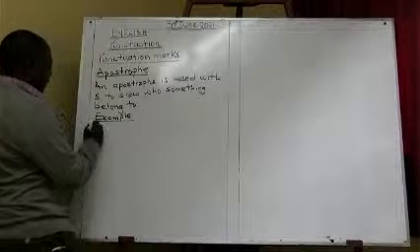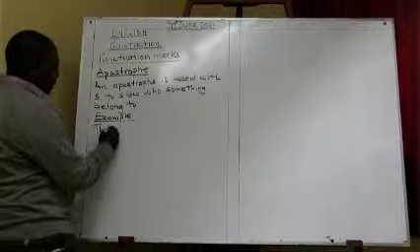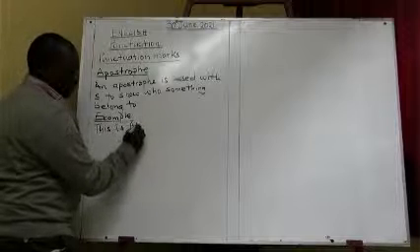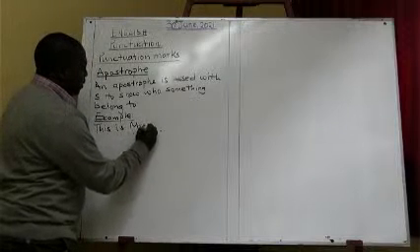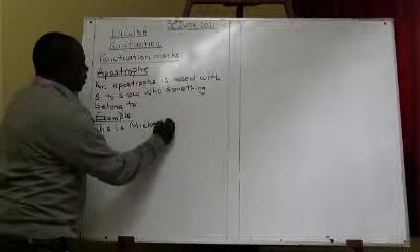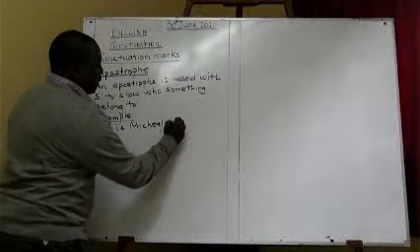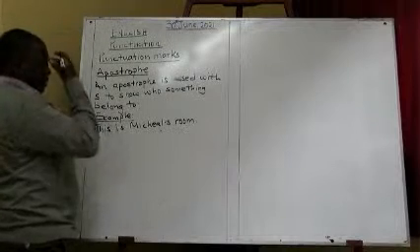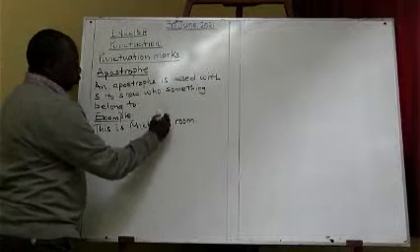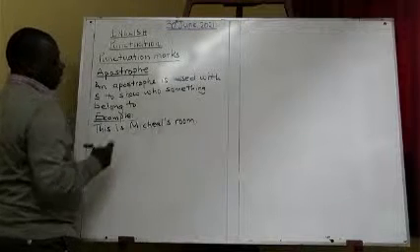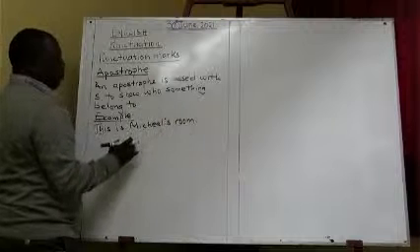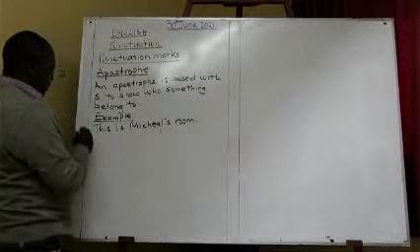So I'll write a sentence. This is Michael's room. So I've used an apostrophe there to show that the room belongs to Michael.